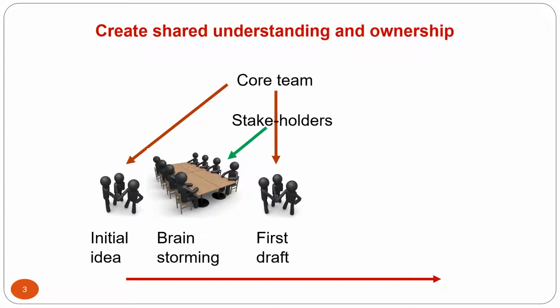Then once you have all that input, the core team sits down. I would recommend, it's not a requirement, that it's done at a retreat, so they have coherent time to sit and start filling in the implementation plan format based on the discussion they have had with the stakeholders.